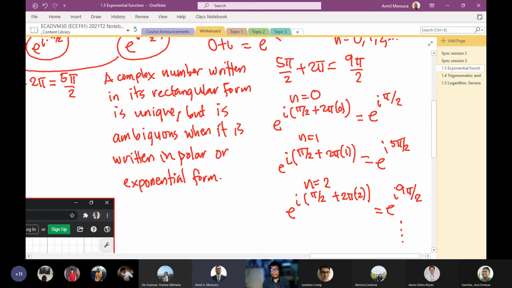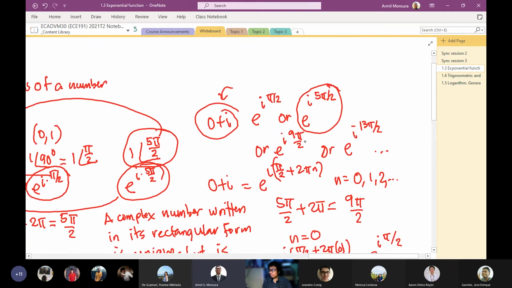So again, since the exponential form or the polar form results in an ambiguous expression for a complex number, we can specify all of those numbers by including this term. Ang ibig sabihin niyan, dadagdagan natin yung initial angle. This is the initial angle.